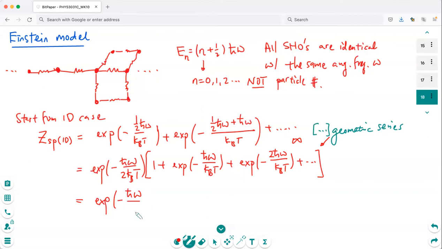And you know the result. The result is 1 over 1 minus r, where r is e to the minus h bar omega over kBT.